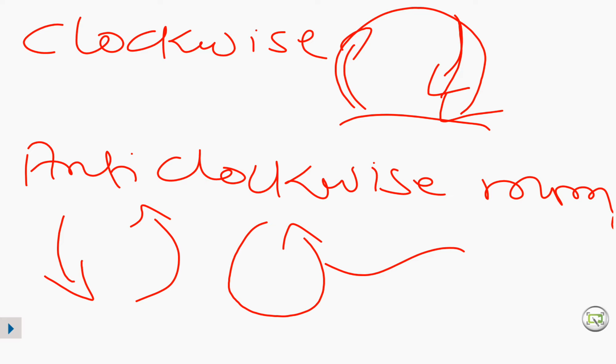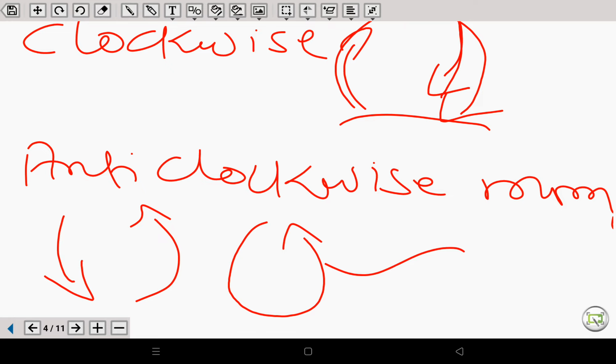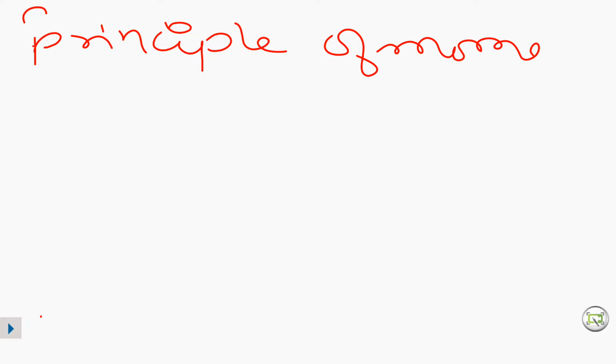Next, after this we have the topic of principle of moments. What is the principle of moments? What does the principle of moments say?